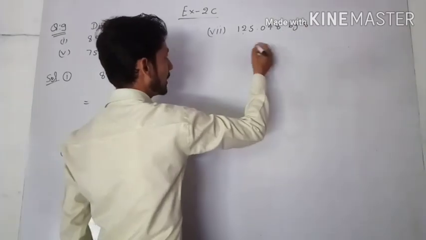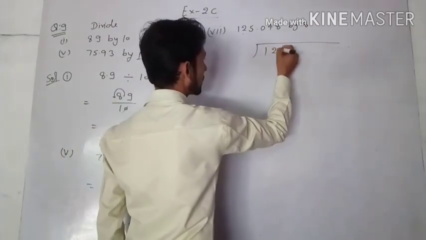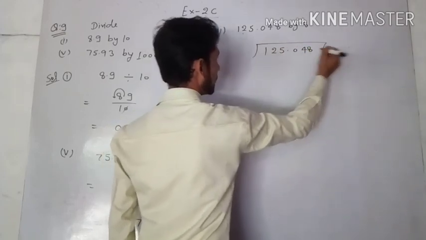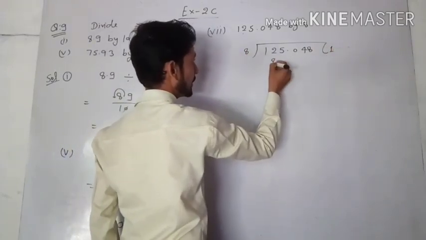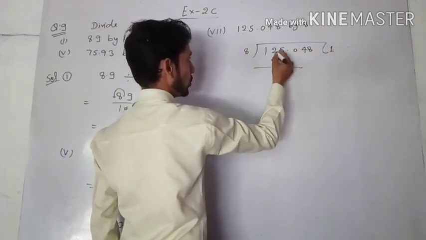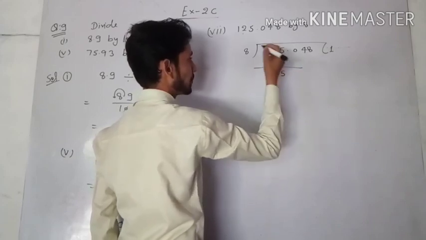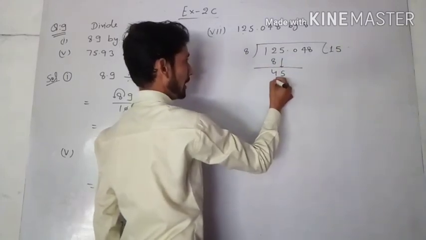125.048 divided by 8. First of all, write it like this, divide by 8. 8 1s are 8. 12 minus 8 is 4. Write 5 here. 8 5s are 40.